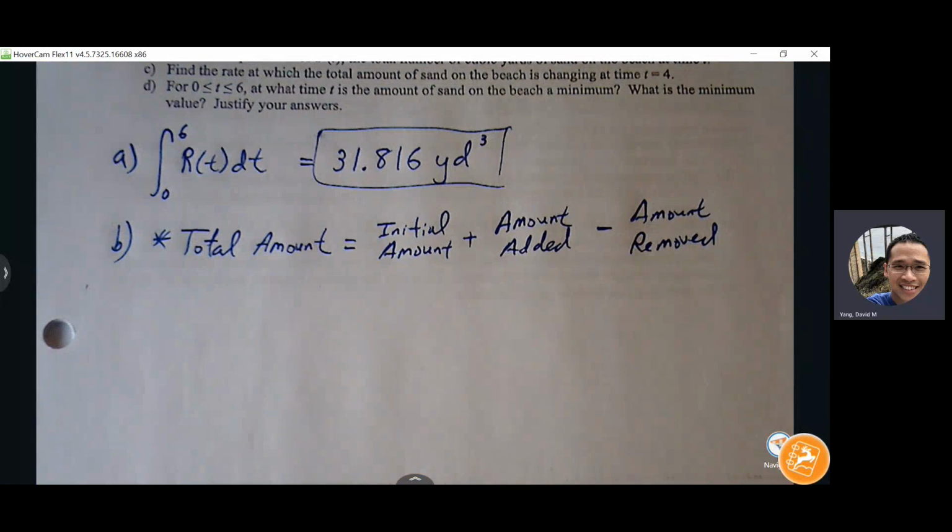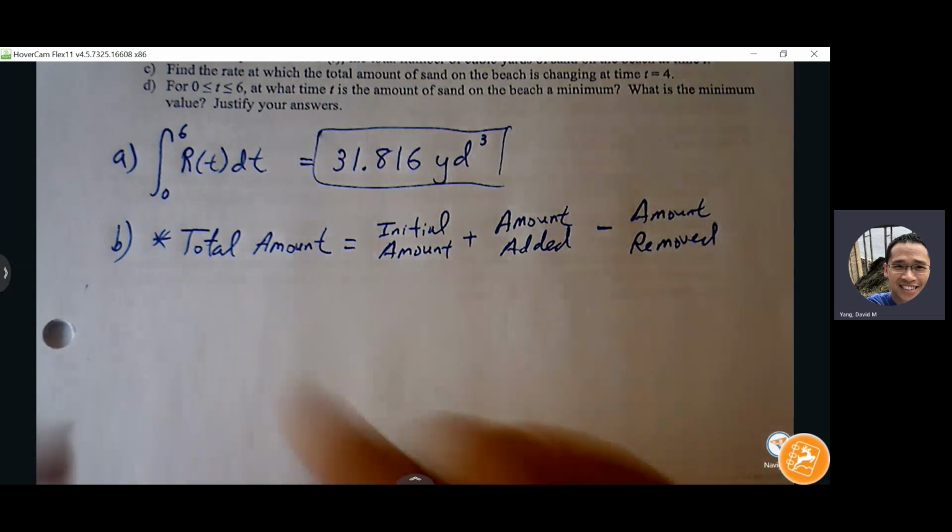So if I have however much I began with, plus how much I added, subtract how much I removed, then that is what I'm left with, right? My total amount is basically my remaining amount. I think of it as total amount is my remaining amount.